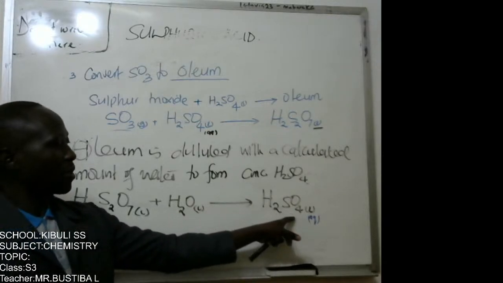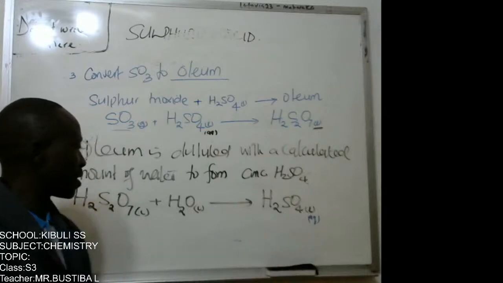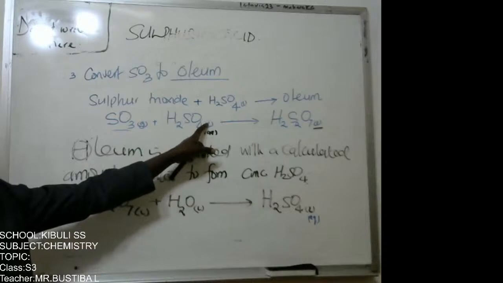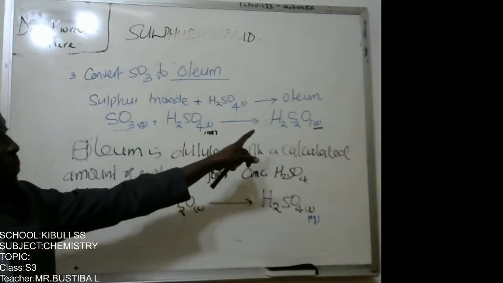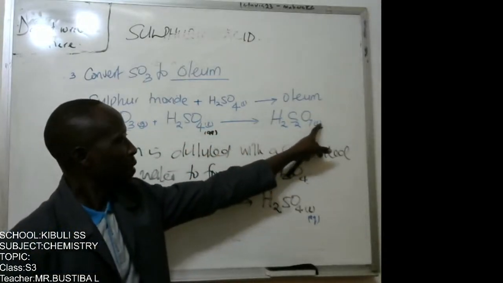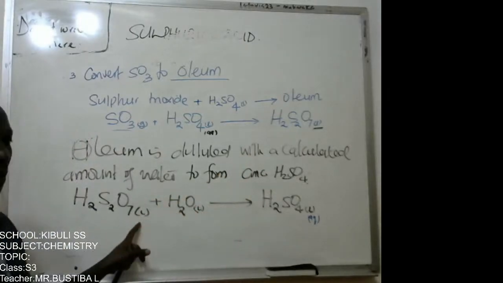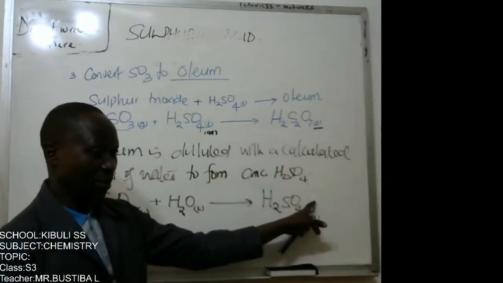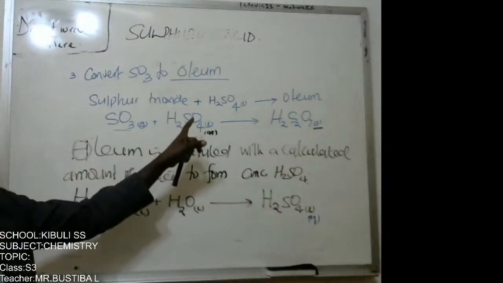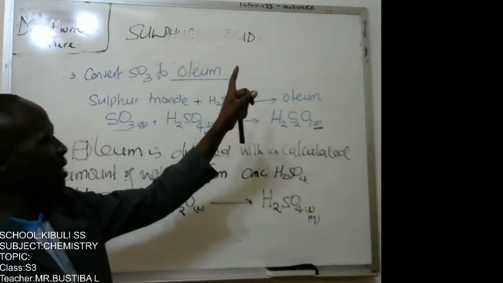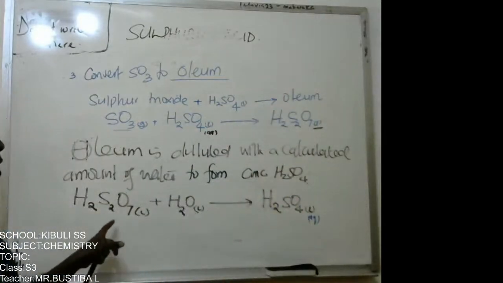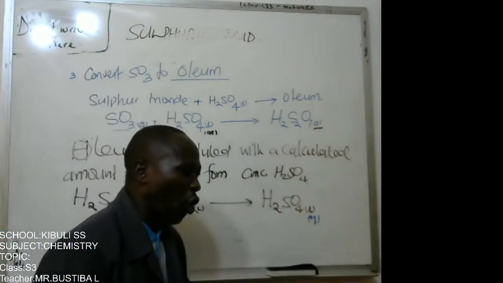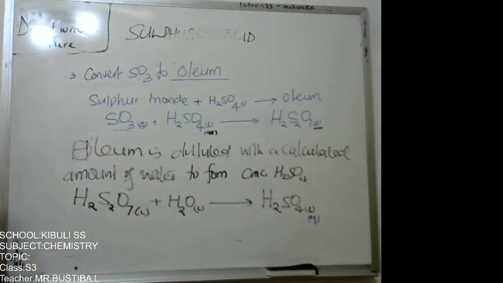This acid being formed can be taken as a liquid or aqueous. So if at all you used liquid here, this is supposed to be liquid, and this is supposed to be liquid, this is supposed to be liquid. If you use the aqueous here, this one remains liquid, this one remains liquid, this one can accept liquid or aqueous. Those are the conditions.